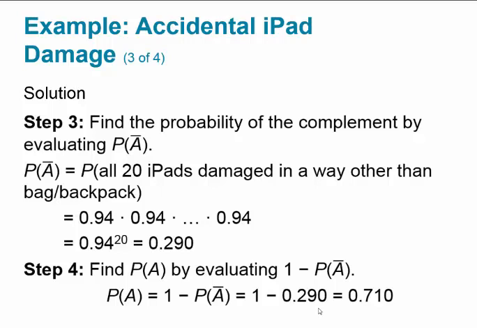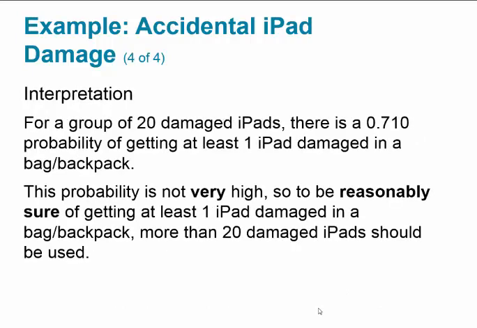Then we're going to find the probability of A by evaluating 1 minus the probability of not getting A, which in this case will give us 0.71. So how do we interpret this? For a group of 20 damaged iPads, there's about a 71% chance of getting at least one iPad damaged in a bag or backpack. So this probability is not very high, so to be reasonably sure of getting at least one iPad damaged in a backpack, more than 20 damaged iPads should be used.